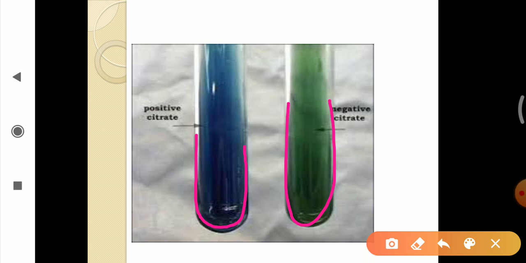So it converts from green to blue, and we say that the citrate utilization test is positive. If it remains green in color, then we say that the citrate utilization test for the given culture or sample is negative.